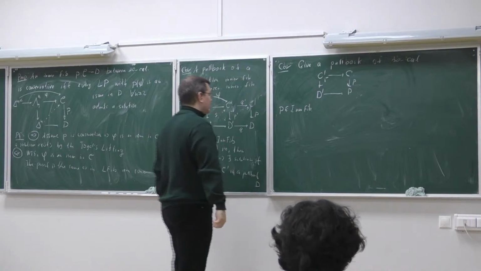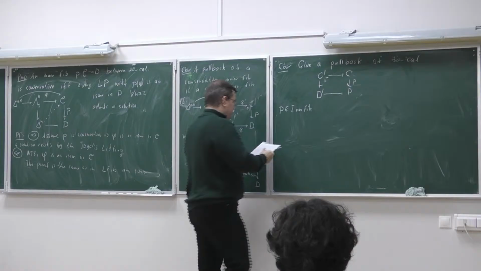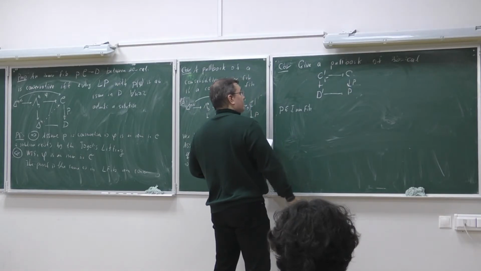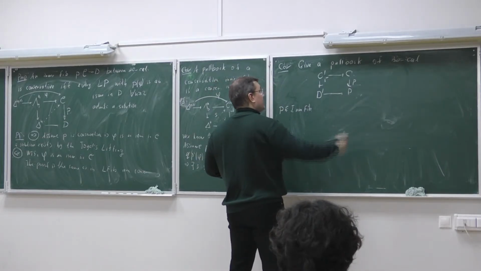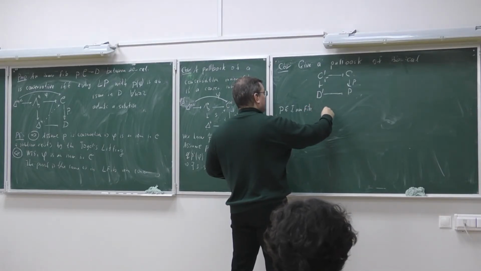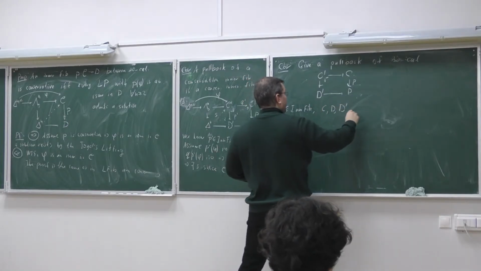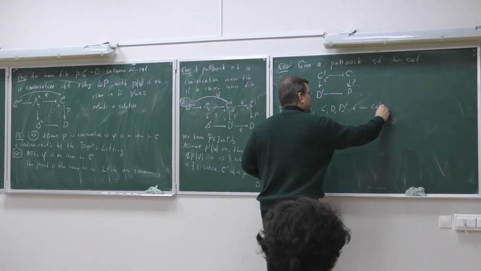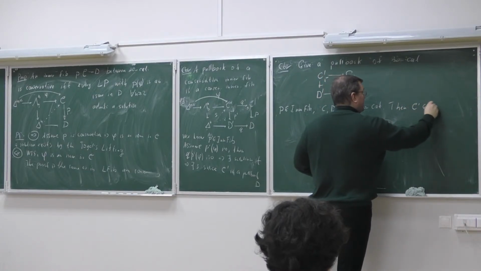Without this statement it won't be true, because I can't apply this proposition. Maybe I can even formulate it as follows: P is an inner fibration, say C, D, and D prime. These are infinity categories. Then the first very simple observation is that C prime is an infinity category.